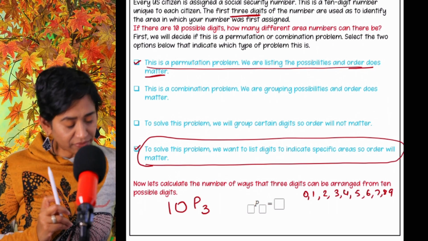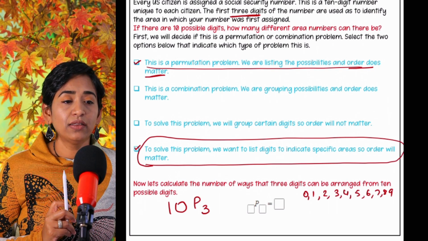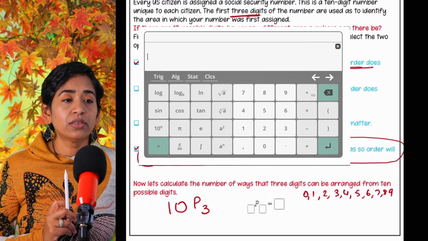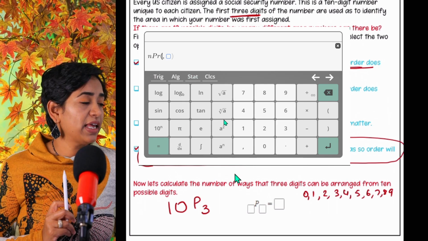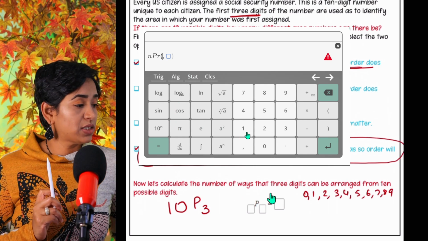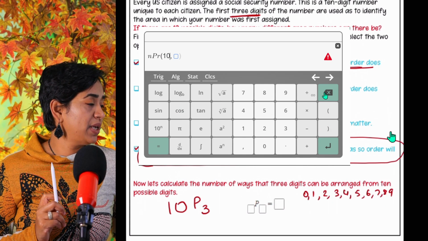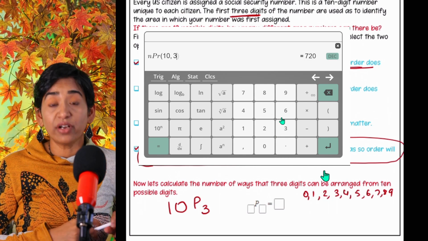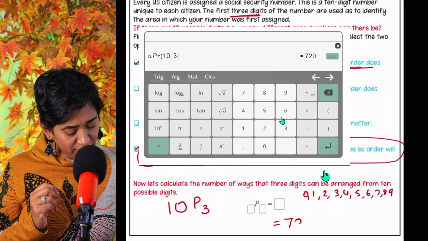Let's bring up the class calc. Stats, nPr. My n is 10 and my r is 3. So 720 possible areas, 720.